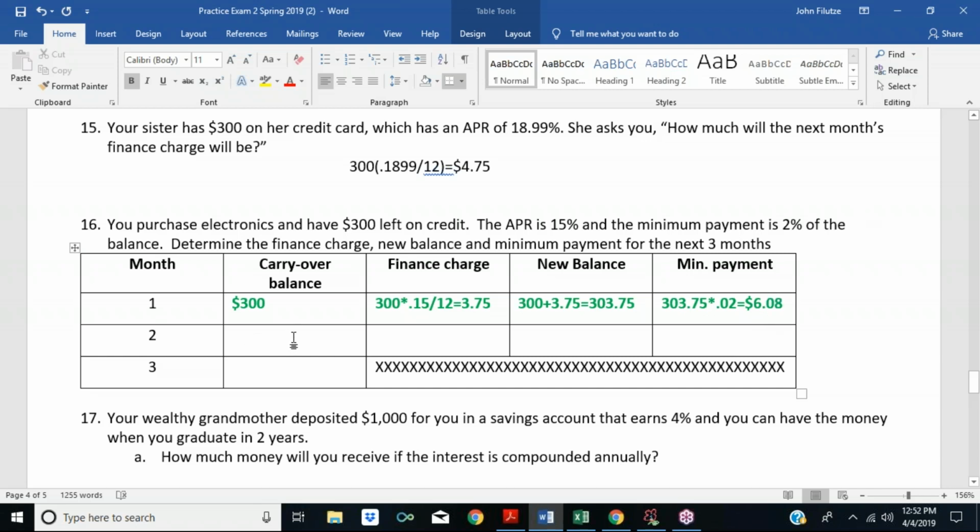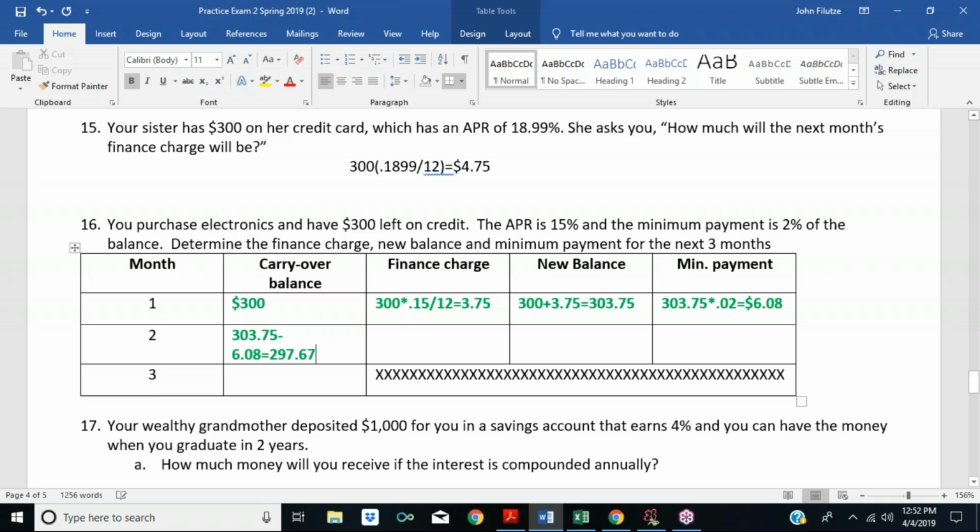So the carryover, the new balance, is going to be the 303.75 minus the minimum payment. And then we'd start it all over again.